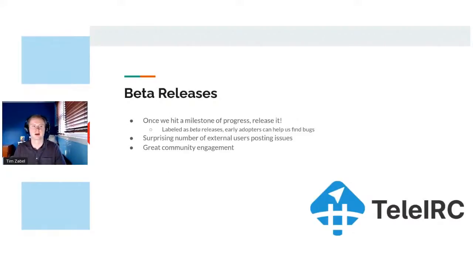And in order to really do that, we figured out that beta releases were a really good way to get early adopters into our project who wanted to help test out the Go releases before we actually made a stable release. And we were really surprised that when we started doing beta releases, we got a lot of external users who were submitting issues for things that were bugs or things that could be done a little bit better.